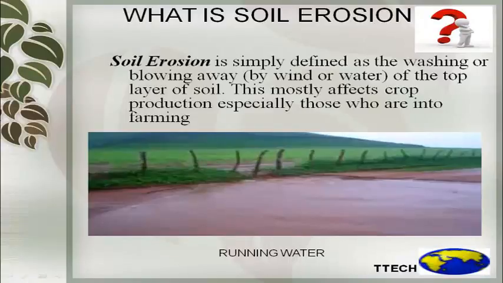On your screen is a picture illustrating a type of soil erosion, running water on the surface of the soil. As we can see, as the water runs on the surface of the soil, it takes away the topsoil, leaving the land bare.